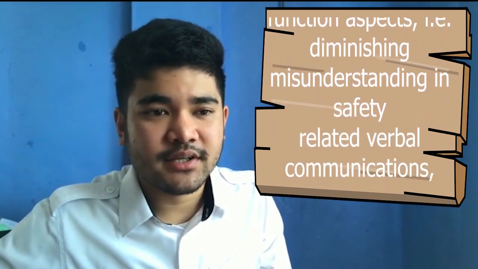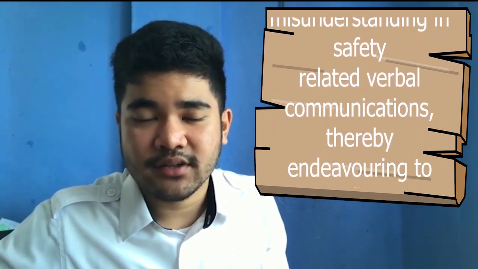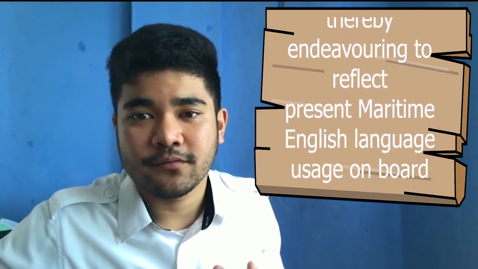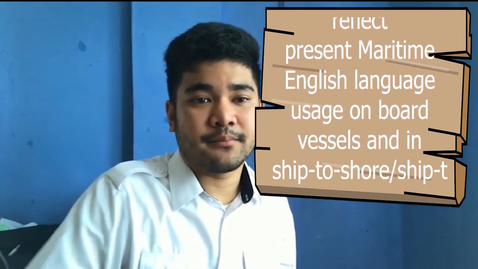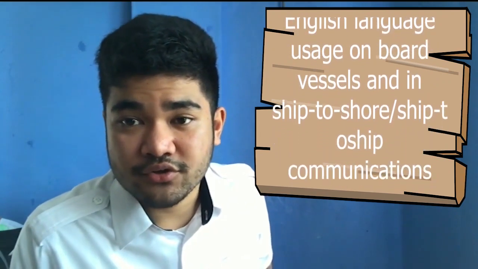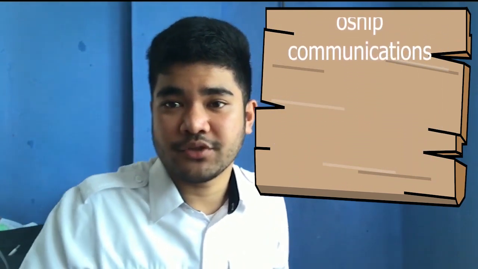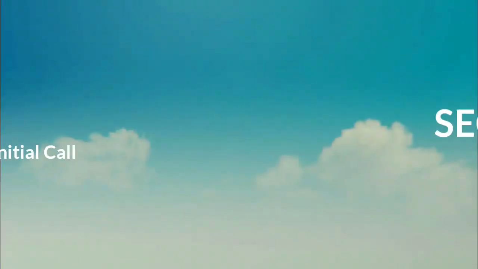Its aim is diminishing misunderstanding in safety-related verbal communication, thereby endeavoring to reflect present maritime English language usage on board vessel and in ship-to-shore or ship-to-ship communication. In this video, there are 6 sections that I would like to give to you.